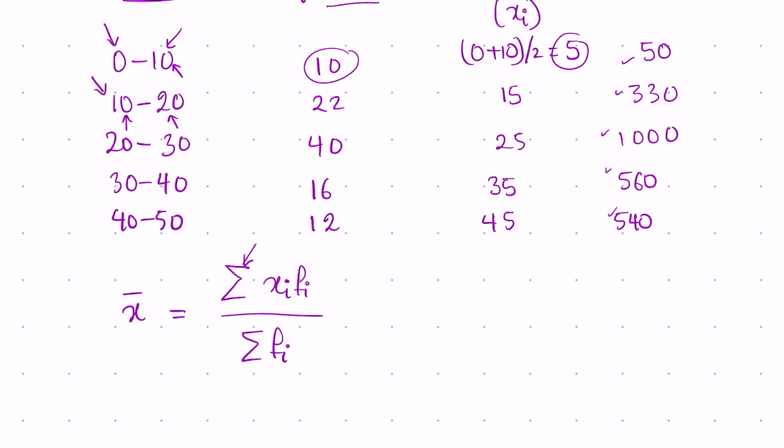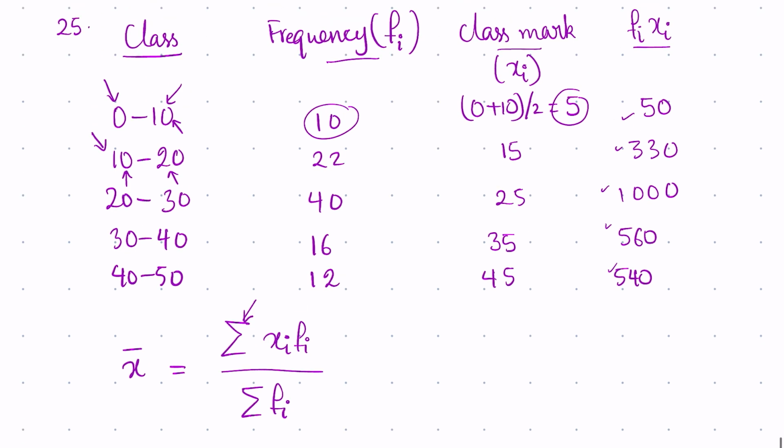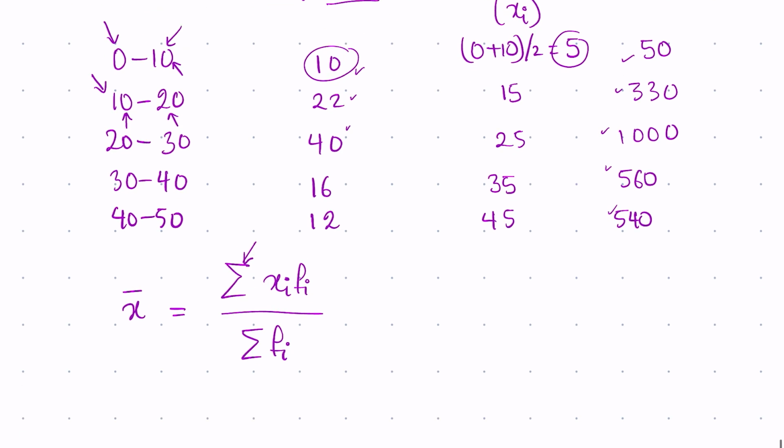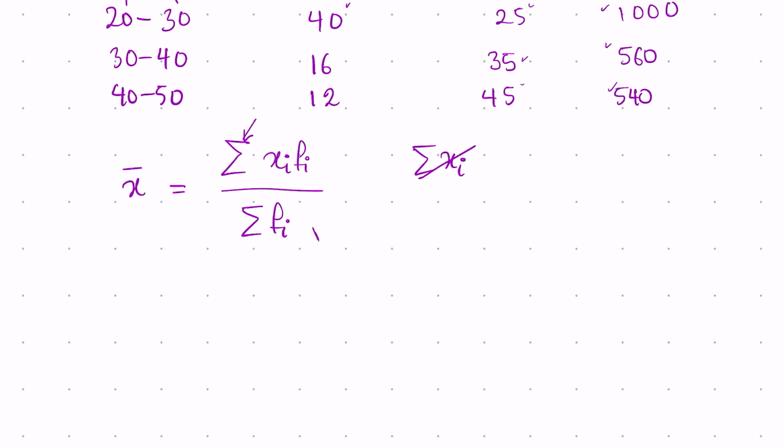Similarly, sigma fi just means summation of these values. If there was something such as sigma xi, then you would have just added this up, but this is not in the formula, only this part is.